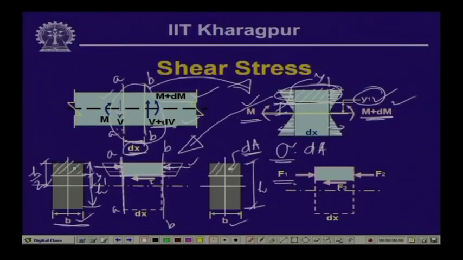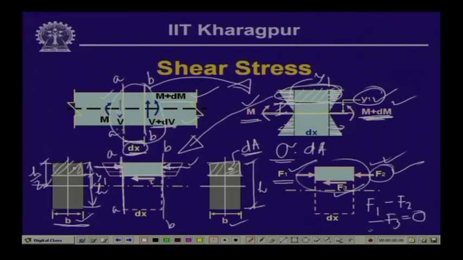On this side the force F1 will be the stress multiplied by the area of this segment, and on this side the force F2 will be the stress generated because of M plus dM multiplied by this segmental area. So, in this element we have force F1, force F2 and force F3. If we take the equilibrium of these forces in the horizontal direction, we have F1 minus F2 minus F3 equals 0.